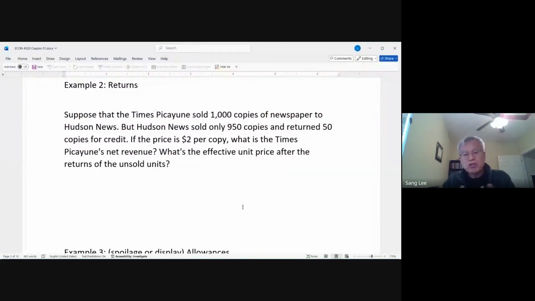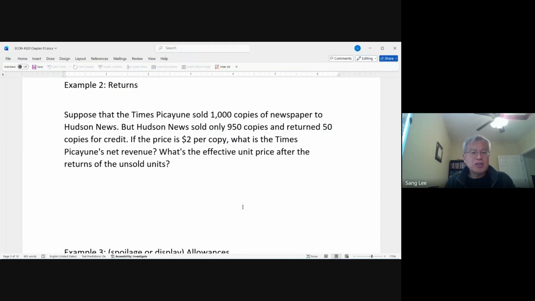And during the first class meeting, we talked about contra revenue. Contra revenue means revenue or money that never comes in, or money that may come in but turns right around and goes back to where it came from. And we call that contra revenue.